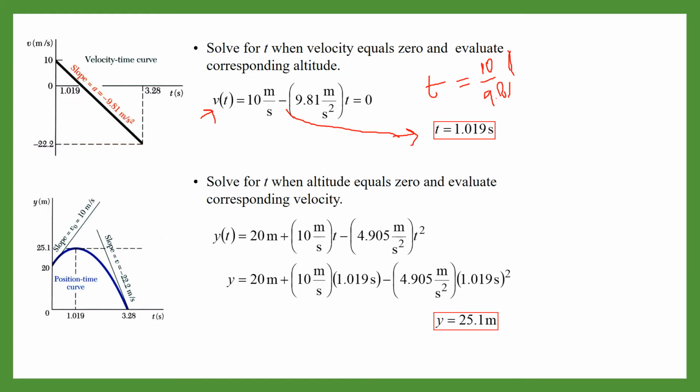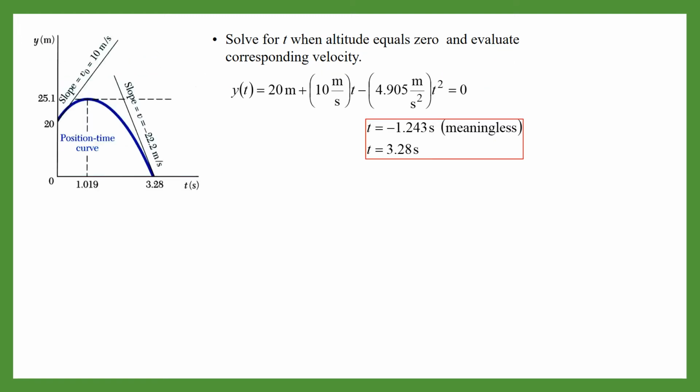When you put this value of T in the equation of Y, you will obtain Y equal to 25.1 meter. That means the ball will go up to a height of 25.1 meter. So this is the solution of the second part.